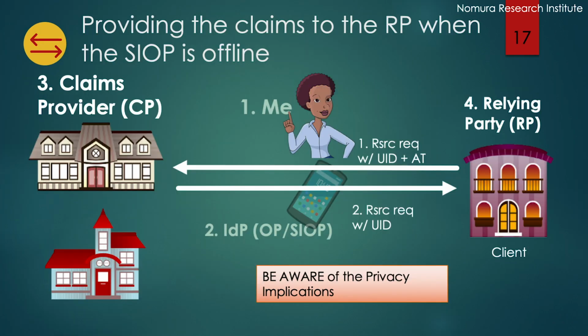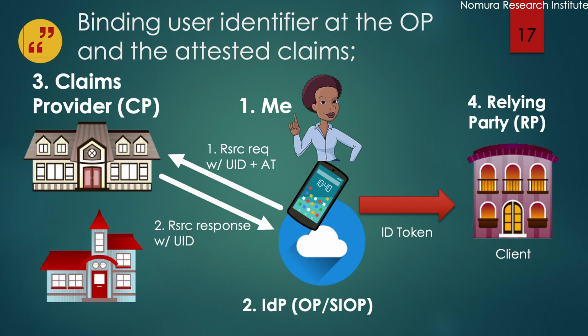And then providing the claims to the relying party when the SIOP is offline is possible using something called distributed claims in OpenID Connect. It's also in Chapter 7 of OpenID Connect. Now, I've put a "beware of privacy implications" box here, because in this case the claims provider is not communicating with the relying party directly, so the claims provider will not know where I'm presenting the credential.